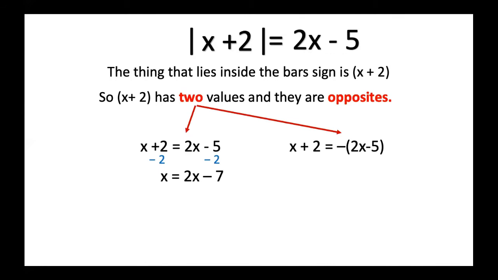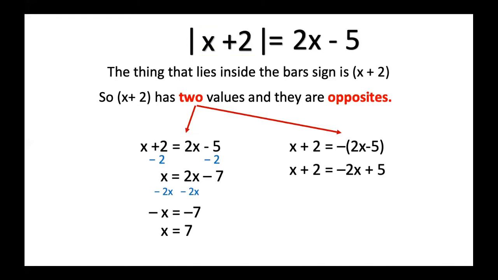After subtracting 2, we have x equals 2x minus 7. Now subtract 2x from both sides, and we have negative x equals negative 7, or x equals 7. Now let's solve the second equation.